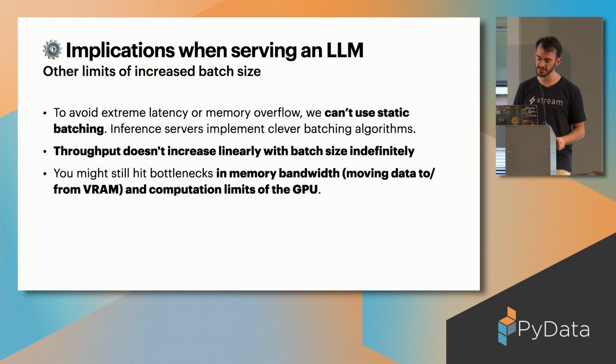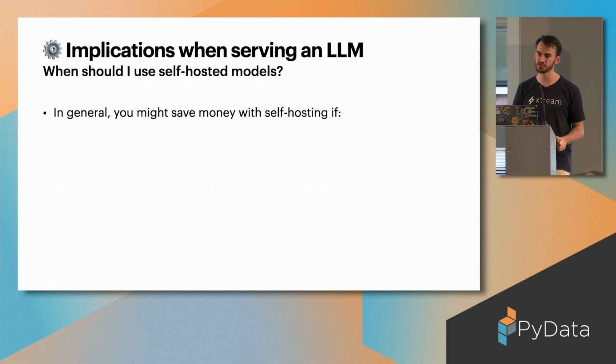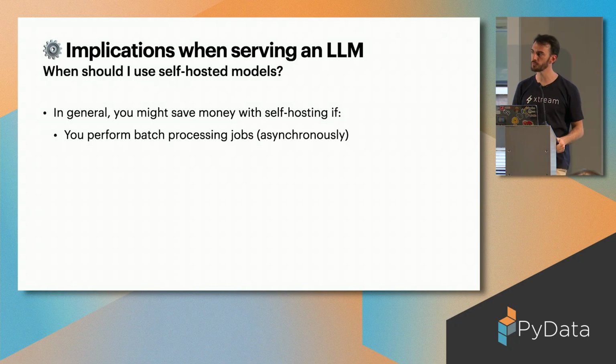The point is that this has general implications if you remember to go back to the first task. You might want to self-host a model for your industrial application if you are able to shove a lot of stuff into the prefill phase and optimize how much of the GPU memory you can use in the first part. And then you don't really care how slow you generate the subsequent tokens because you're working asynchronously.